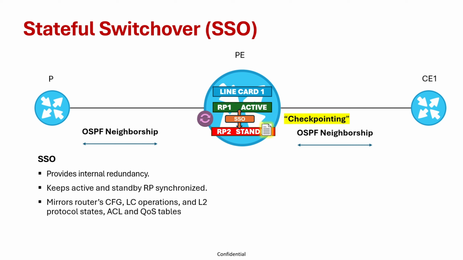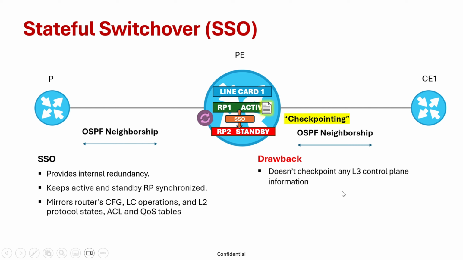Now, during a failure or a switchover, the standby RP becomes the active RP and uses the synchronized information to minimize the disruption. But there is a drawback. SSO doesn't checkpoint any layer 3 control plane information. If you see on the left, it mirrors configuration, line card operation, layer 2 protocol states and everything, but it doesn't checkpoint any layer 3 control plane information about any neighboring router.